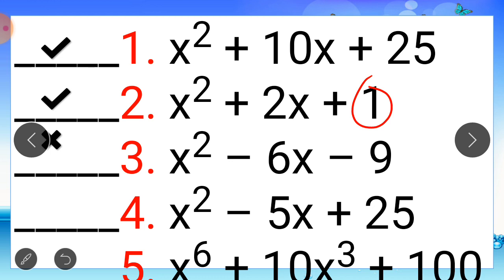Number 3 is x, so why x? Because the middle term is negative. The sign of the last term is negative. So that's an x.